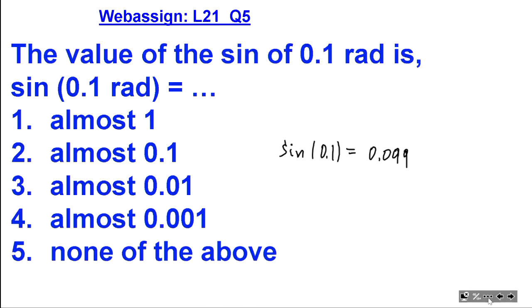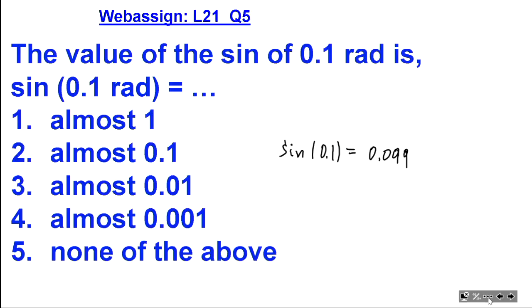So my calculation tells me the sine of 0.1 is equal to 0.099. Bless you. So I'm going to switch first to the slide. 0.099.